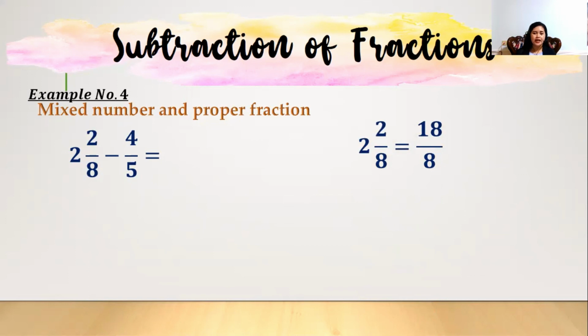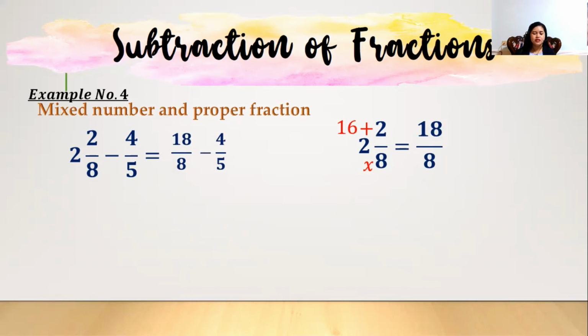Since 8 times 2, we multiply the denominator and the whole number, we have 16. 16 plus 2 is 18. That's why we have the new form of our mixed number as an improper fraction, 18 over 8. Then we copy the second fraction, which is 4 over 5.